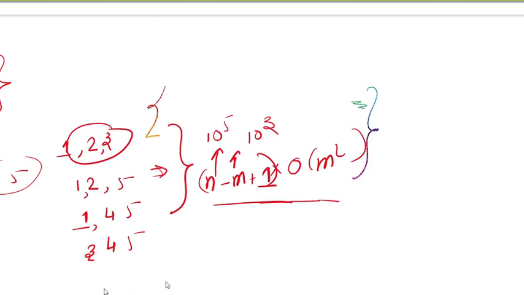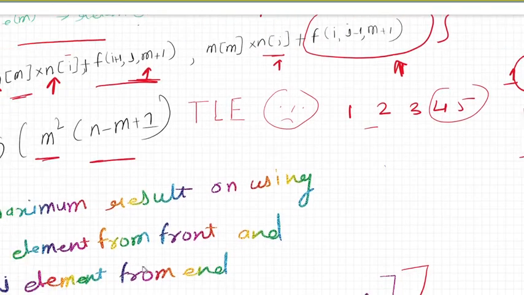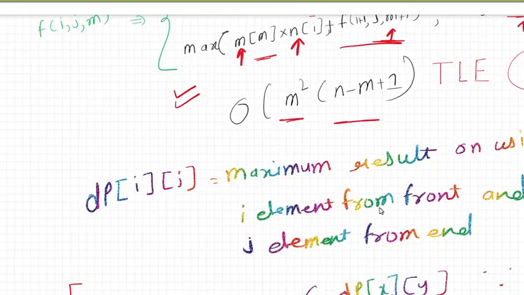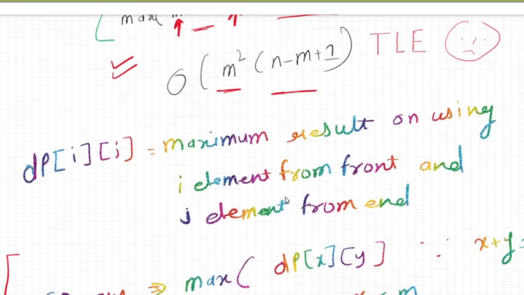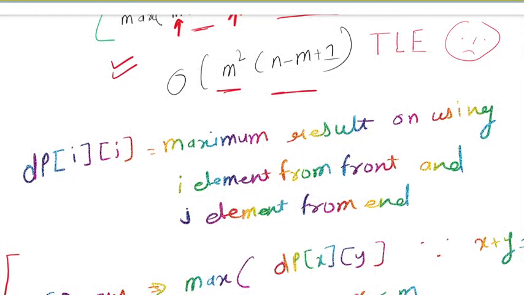Yeah. So let's think of a second solution here. So we have to come up with a solution of O of m square or O of n, right?